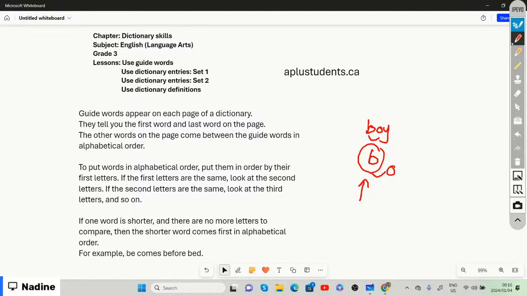And if one word is shorter and there are more letters to compare, then the shorter word comes first in alphabetical order. The shortest word will always come first because, of course, there aren't as many letters. And the fewer letters there are, the easier it will be for you to look up a specific word.